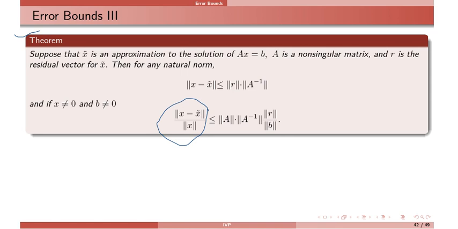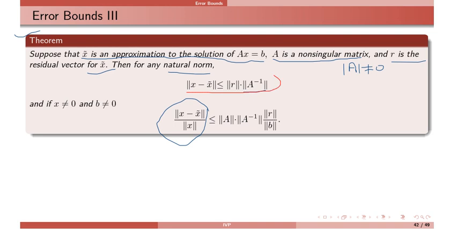So let us say that x bar is an approximation of the solution of Ax equal to B, where A is a non-singular matrix, that is, the determinant of A is non-zero. So the inverse is possible, and the inverse will appear in the proof. So A is a non-singular matrix, R is the residual vector for the approximation. Then for any norm, any natural norm, you can take any norm.